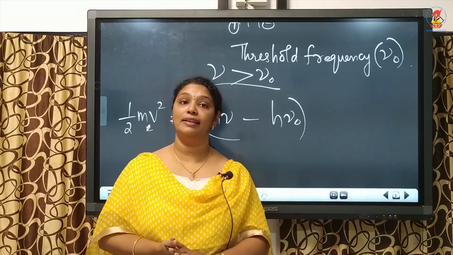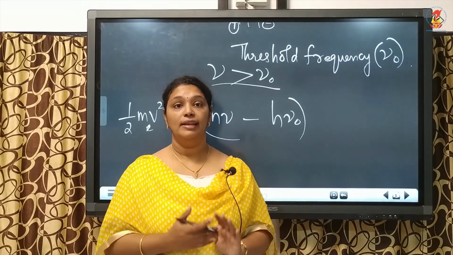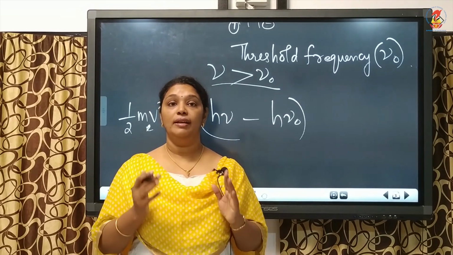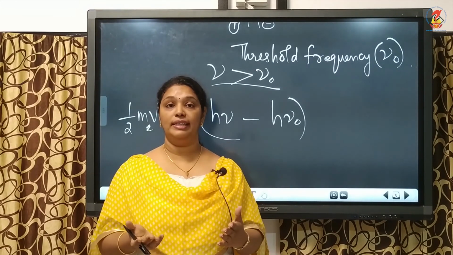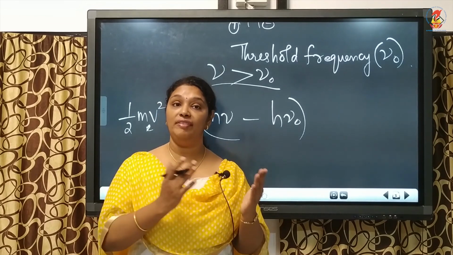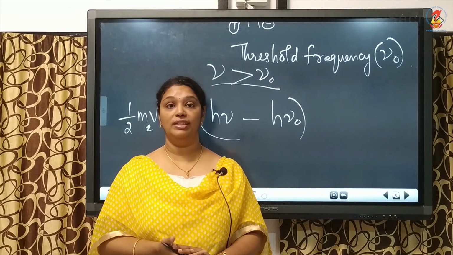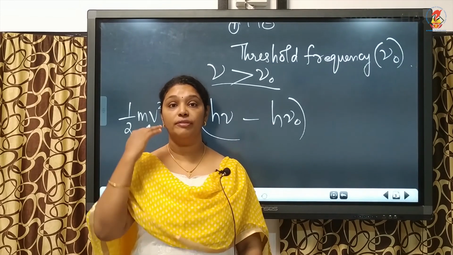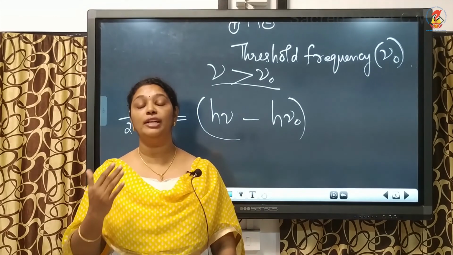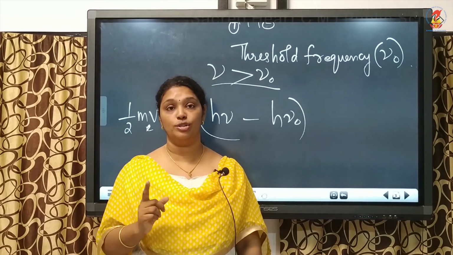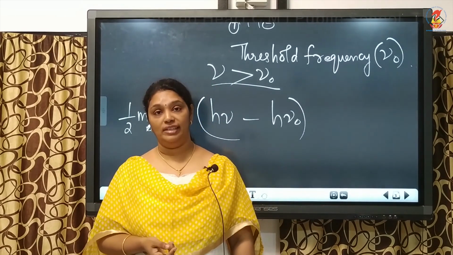So finally scientists came to the conclusion that light has dual behavior, that is light can show wave-like properties as well as particle-like properties. This is the first development that led to the formulation of Bohr model of atom, that is the dual character of electromagnetic radiation.